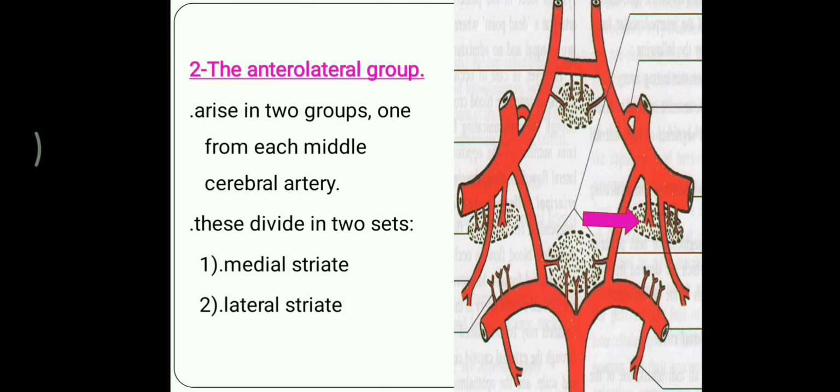The second group is the anterolateral group, which is also pointed out by a pink arrow right over here. The anterolateral group arises in two groups, one from each middle cerebral artery. You can see one on the left side and one on the right hand side. These divide further into two sets, the medial striate and the lateral striate.